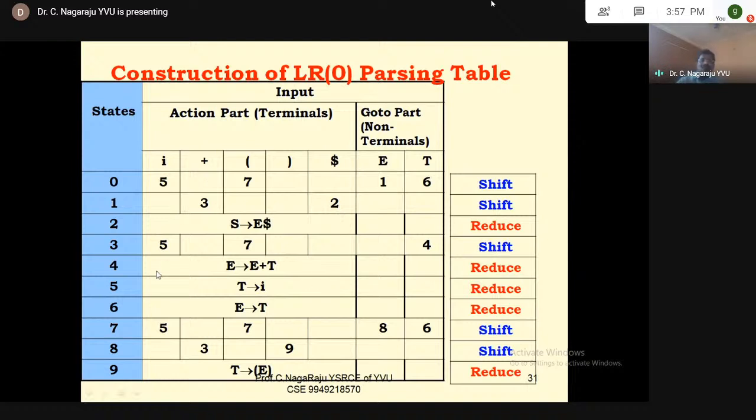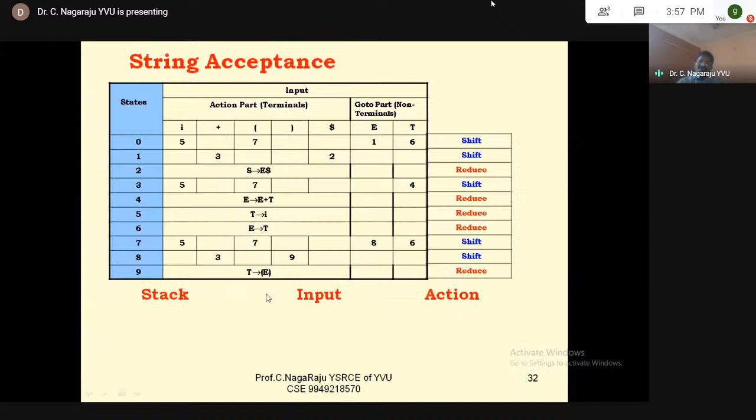After constructing this table, how do we find whether a given string is accepted or not based on this? For example, you see the stack, input, and action. We push S naught, the starting state, onto the stack, which is done everywhere by default.